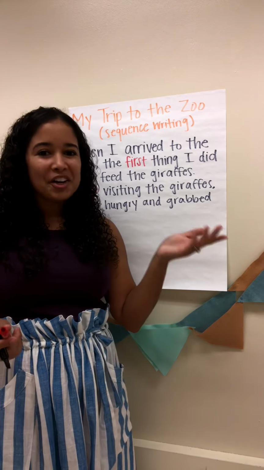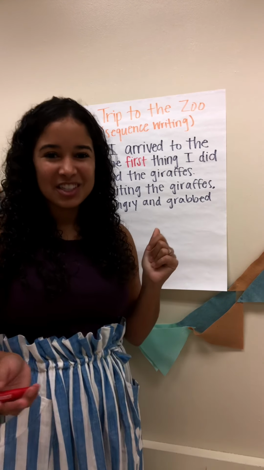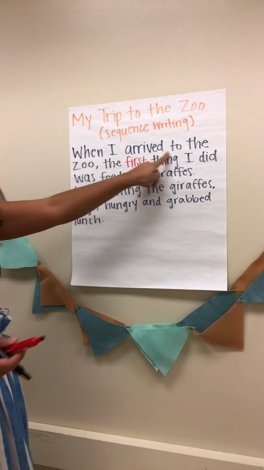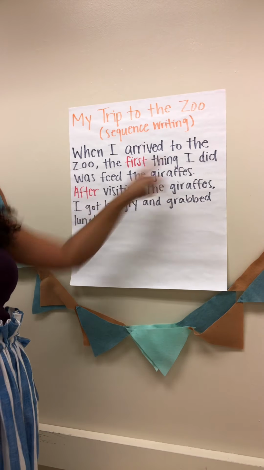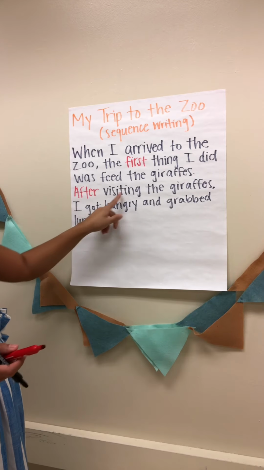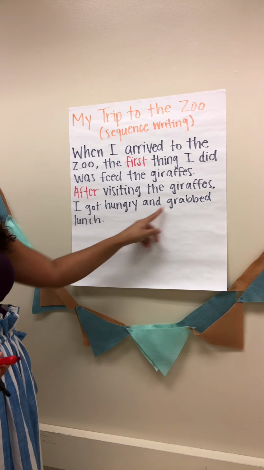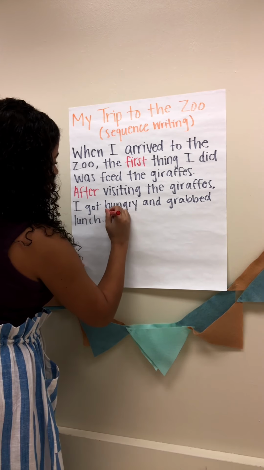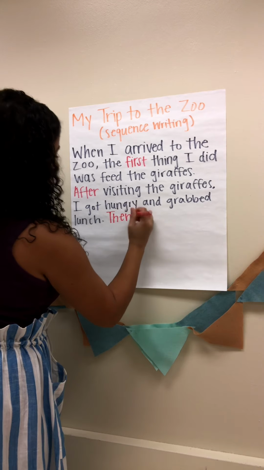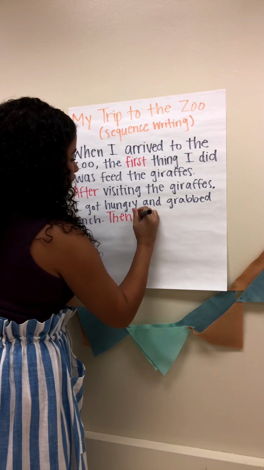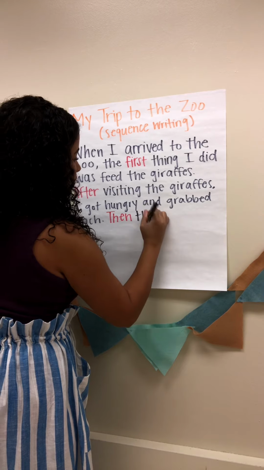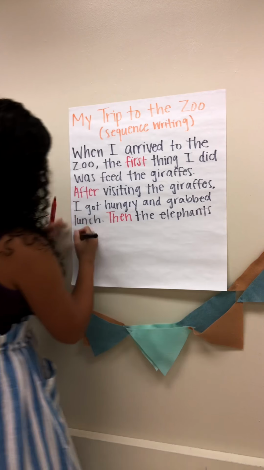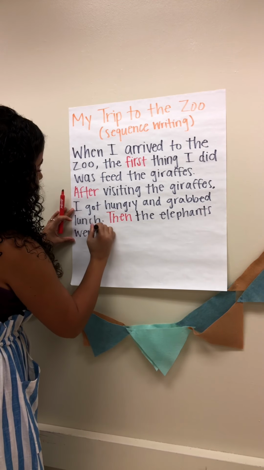Let's think, where could we go and travel to next at the zoo? Let's reread our writing before we go on. It says, when I arrived to the zoo, the first thing I did was feed the giraffes. After visiting the giraffes, I got hungry and grabbed lunch. Then the elephants were putting on a show.